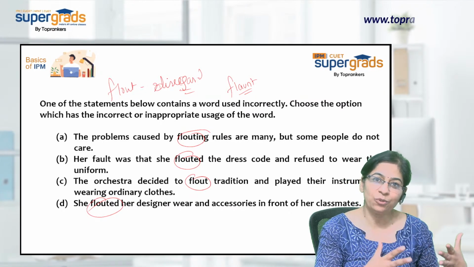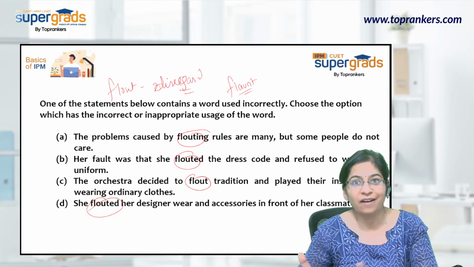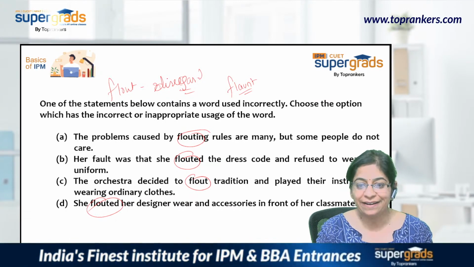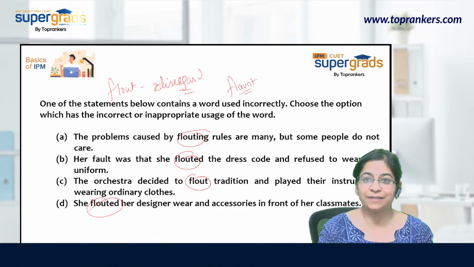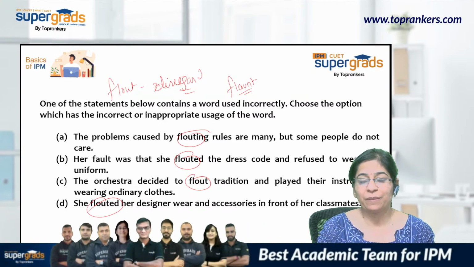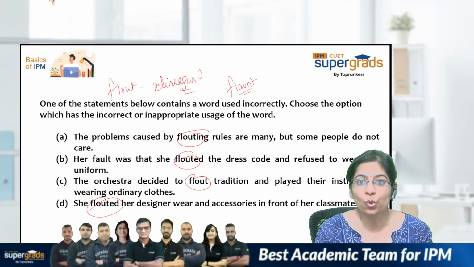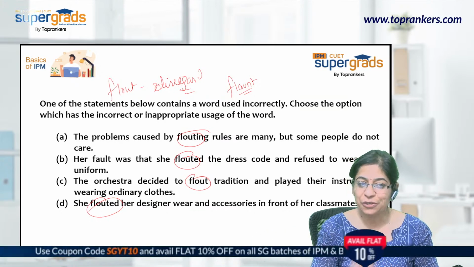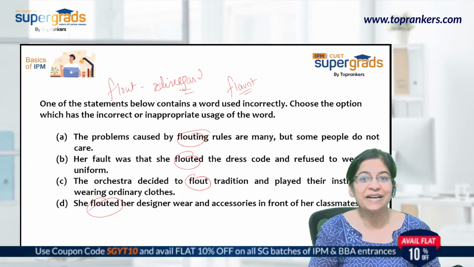Now, why would she disregard her dress? She probably flaunted her designer dress. That is, she bragged about, or maybe she boasted, or maybe she showed off her designer dress in front of her classmates. So the usage is wrong in sentence number D.